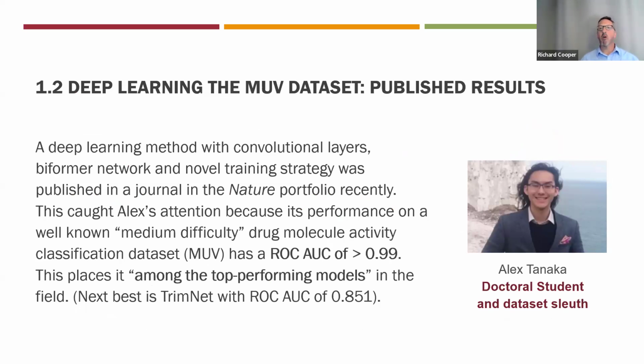It's got an accuracy, a ROC area under the curve for a classification problem of bigger than 99%, 0.99." And so that sounded a little bit suspicious to us, because the previously best published example was TrimNet, which had an area under the curve of 0.851.